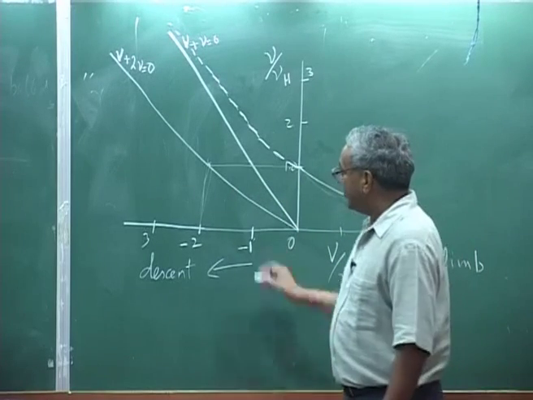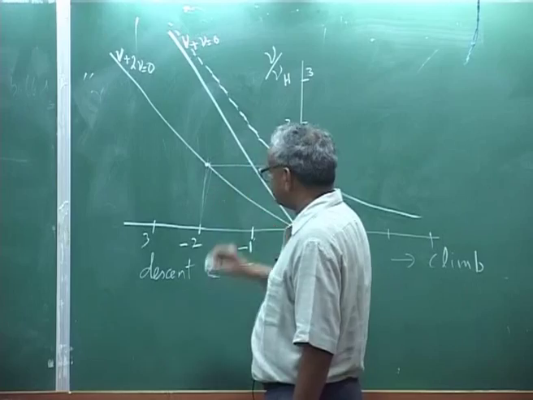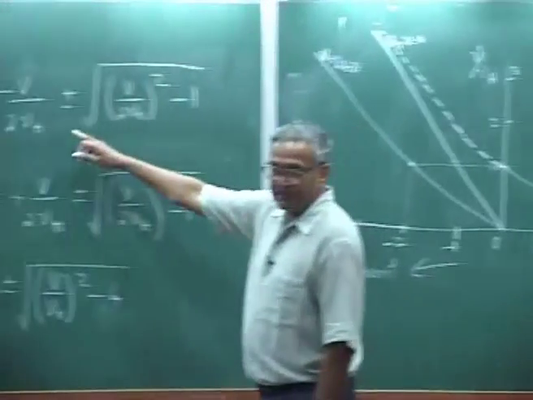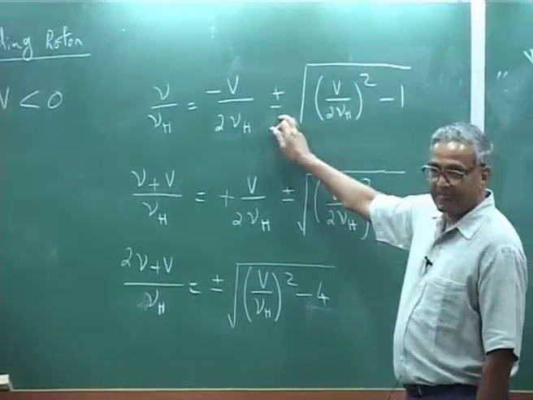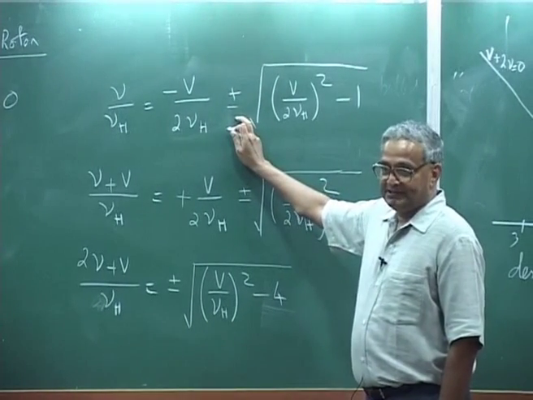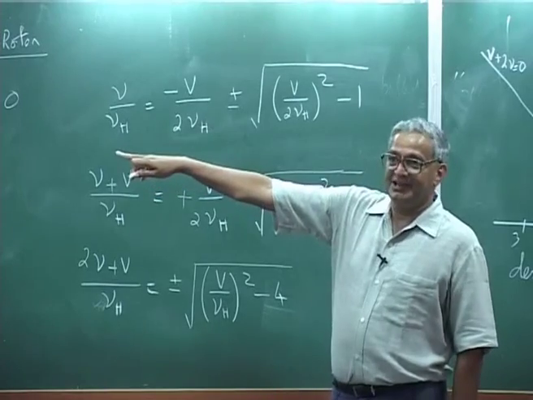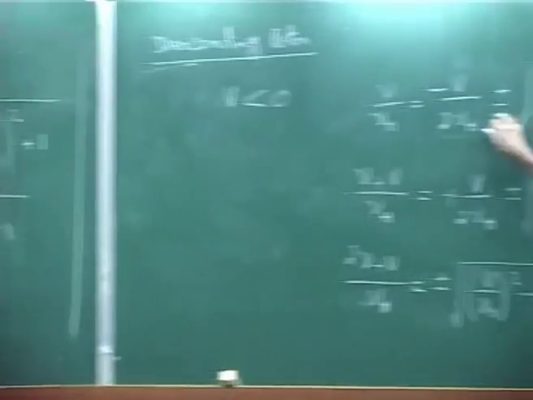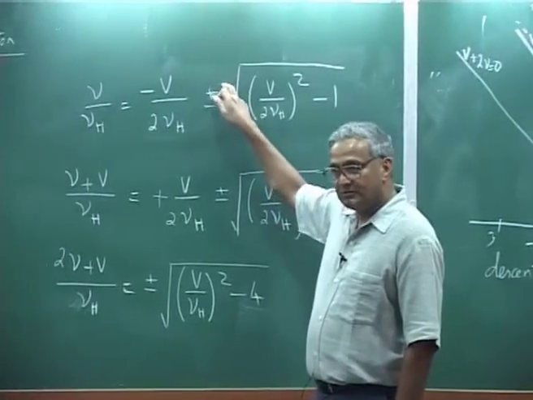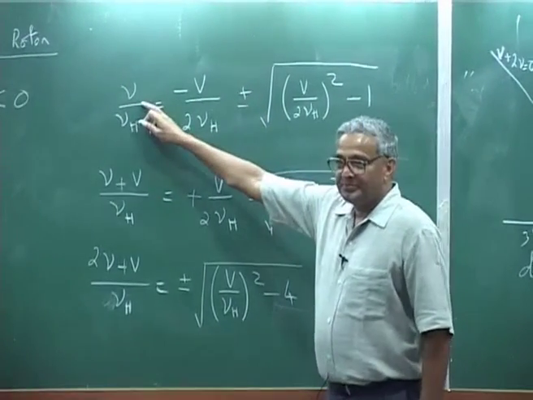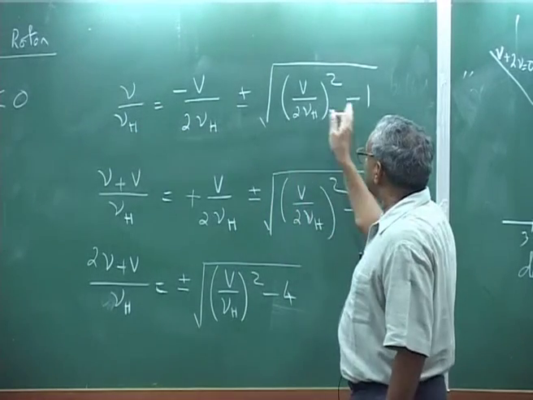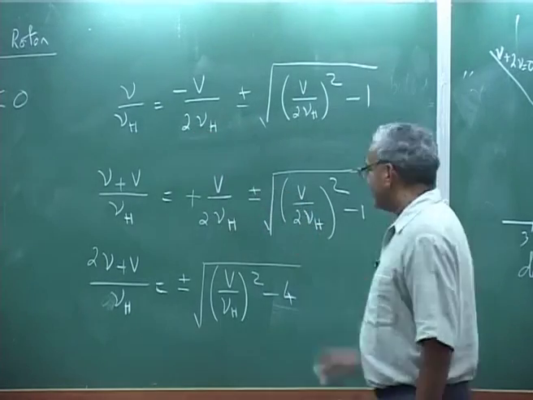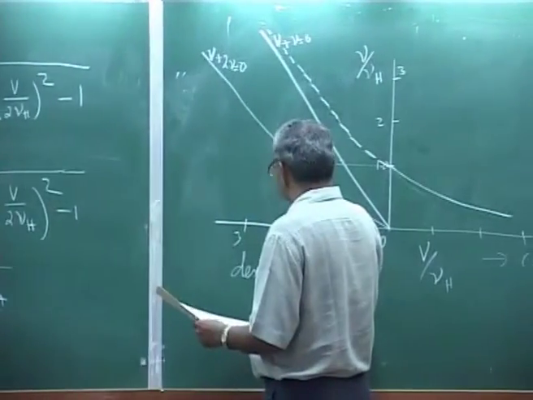Now, my root will start only from here, and I have two roots, because plus or minus both are valid. There minus is not valid, because inflow has to be always positive. Here I can have both plus and minus, and both will give a positive root, because this is always less than this quantity. So, I will have one line which is coming like this.